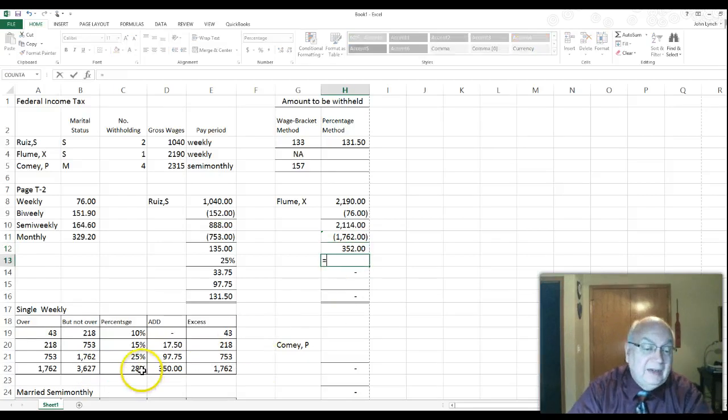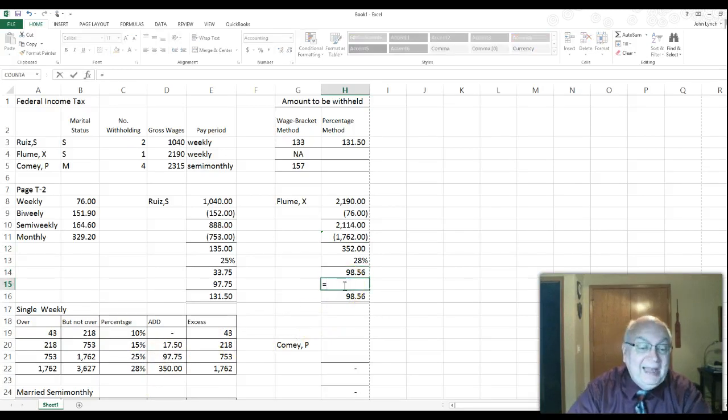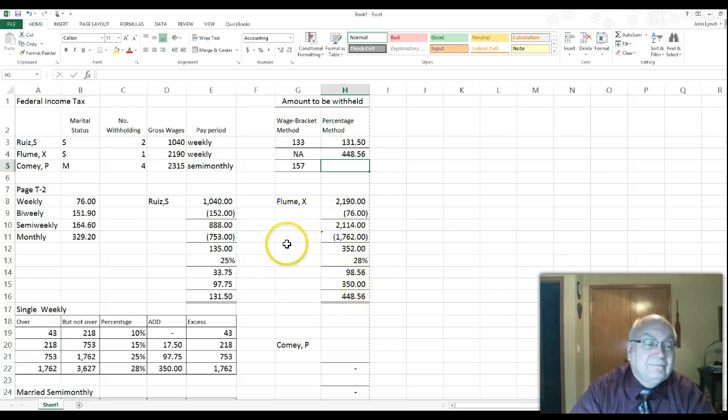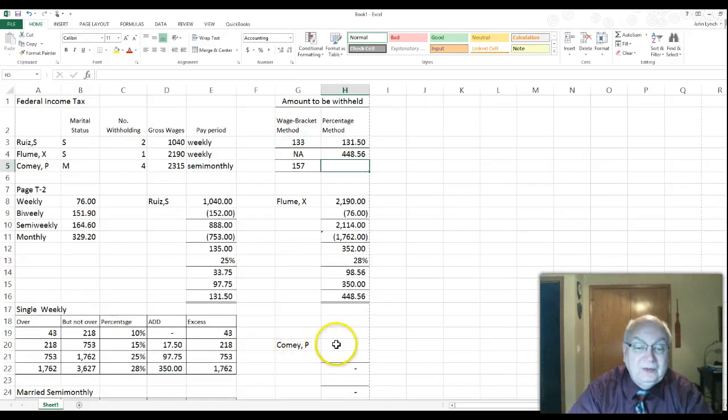But the tax rate that he fell into was 28%, or she, whatever it is. Then we add $350 to that, because that's the tax up to that point. So the tax for this individual is equal to $448.56.